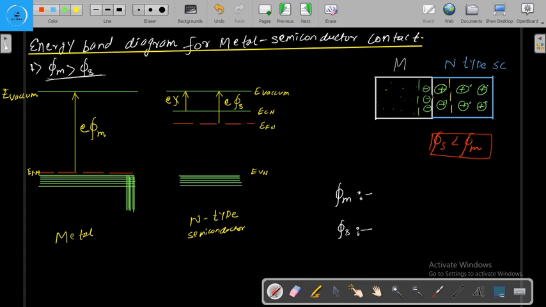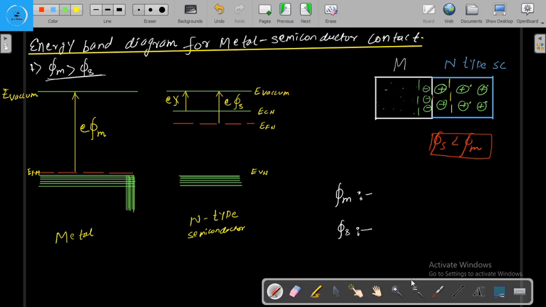Before the metal and the n-type semiconductor come into contact, our energy band diagram is like this. Here we can easily see the amount of energy required to escape the electron is phi m, that is the work function, and it is greater than phi s.